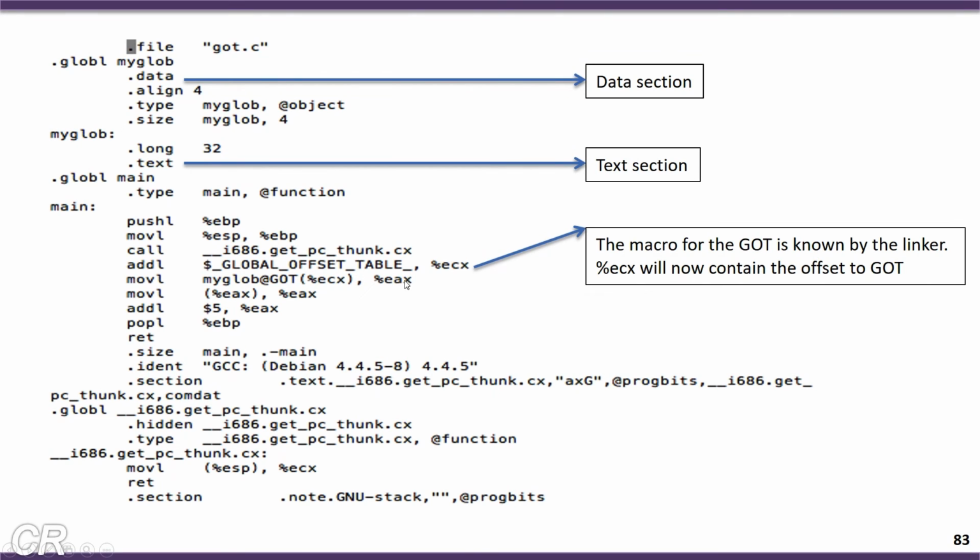So now the EAX register has the correct address of my_global, the global address. Now we load the contents of that global data into the EAX register. Thus, at the end of this instruction, the EAX register has the contents of my_global, which is 32. We add 5 to this and return this particular data.